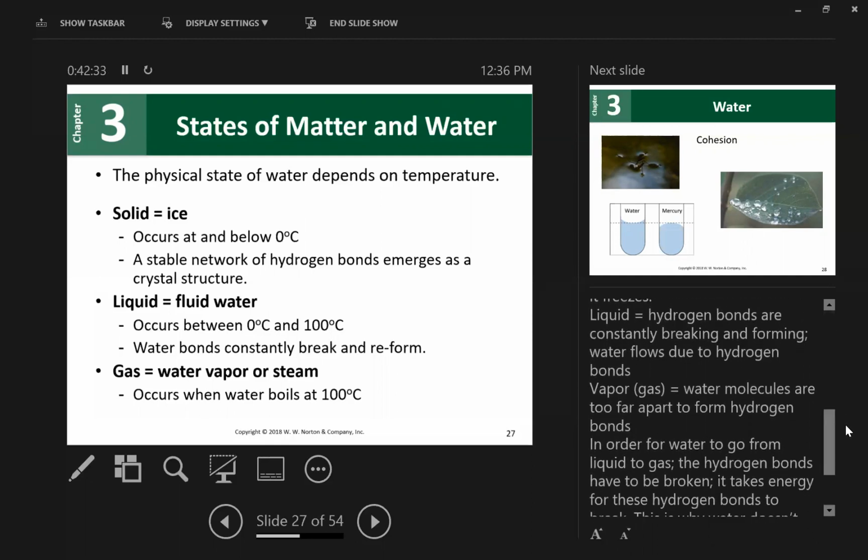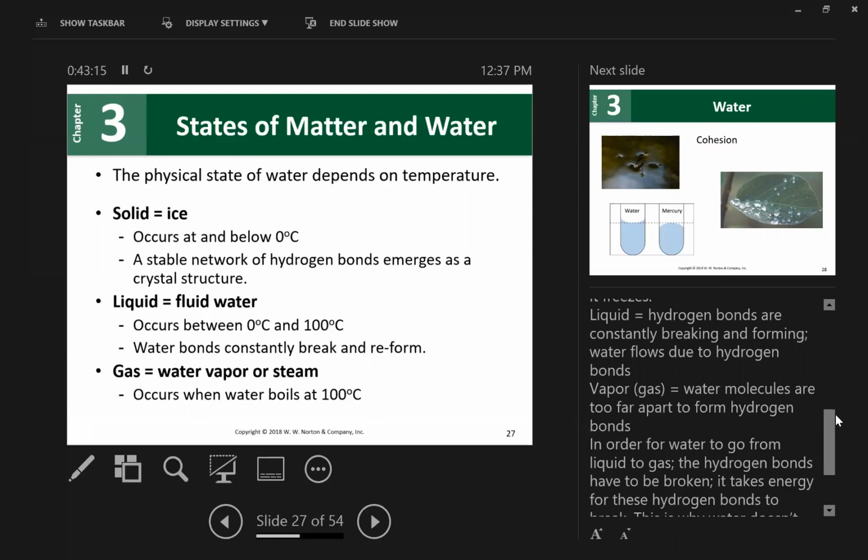And those hydrogen bonds are constantly breaking and forming and going to different bonds. That's what's allowing for that flow of water: it's really those hydrogen bonds attaching to different oxygen elements. Then we have water in its gas state. That's steam. And what we have there is those water molecules are now very close to one another, and the hydrogen bonds are just jumping from one to the other.